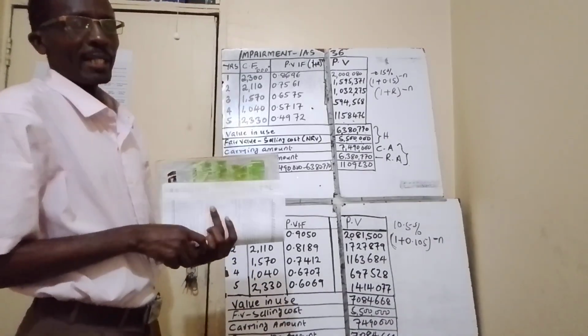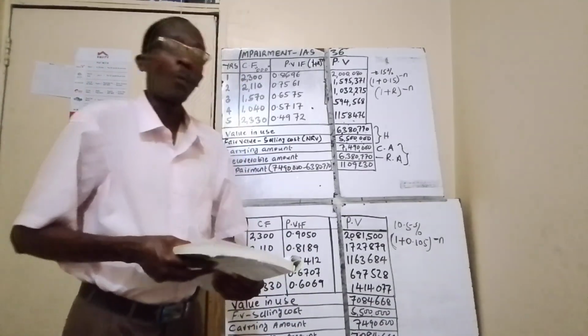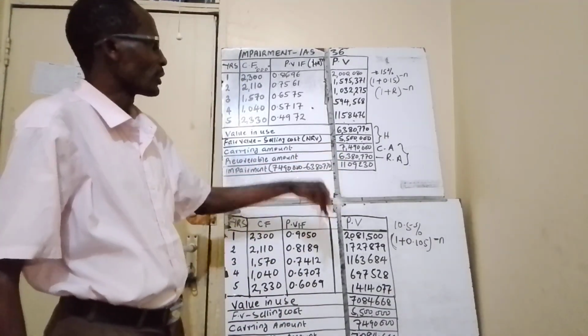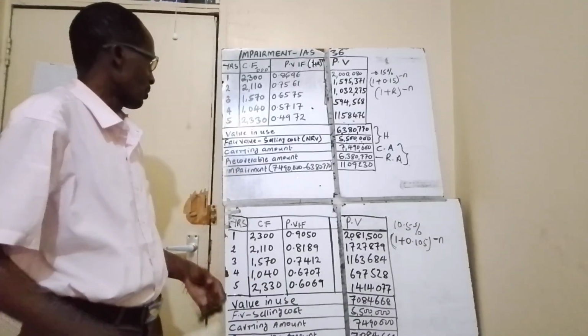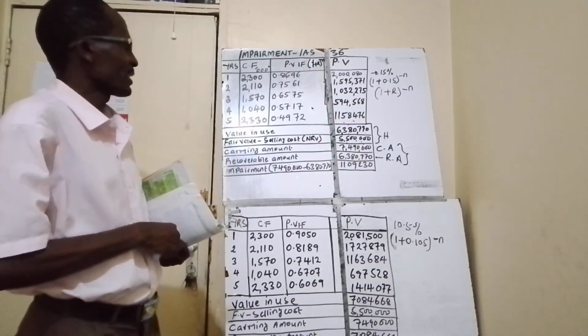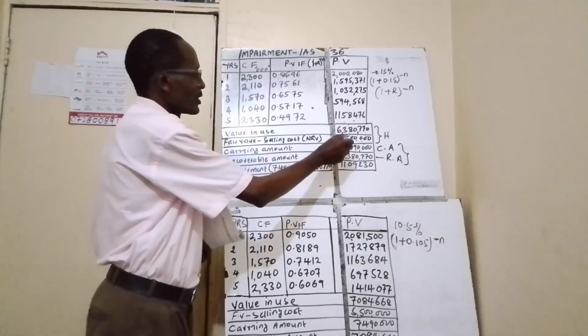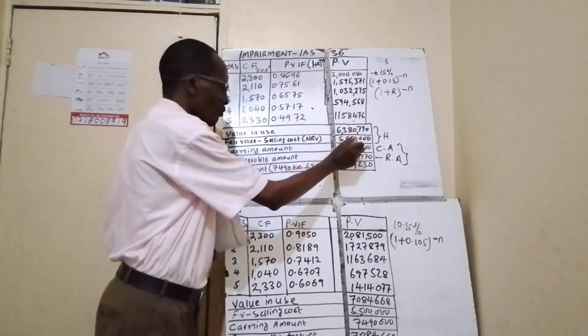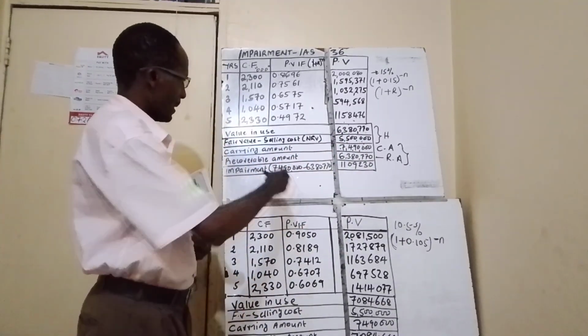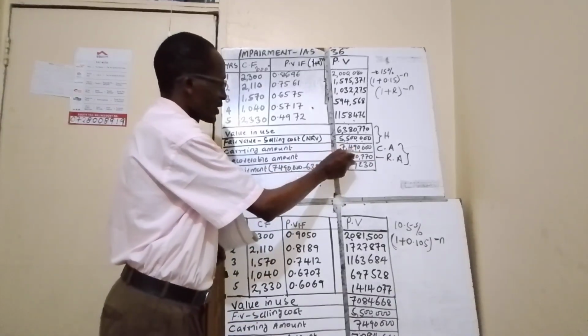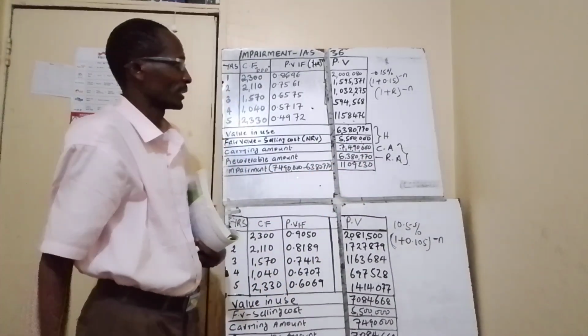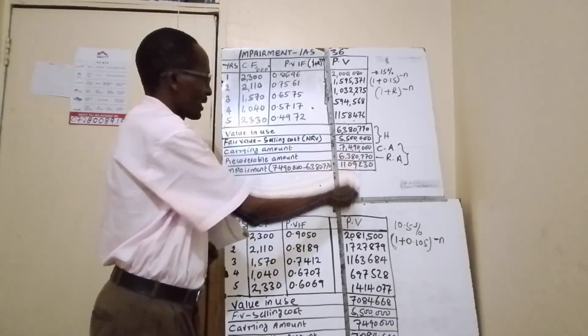We have said that impairment occurs where carrying amount is more than recoverable amount. Is this asset impaired? Yes, it is impaired because carrying amount is 7,490,000 and the recoverable amount is 6,380,000. So carrying amount is more than recoverable.